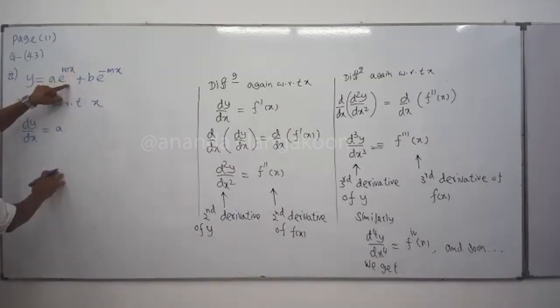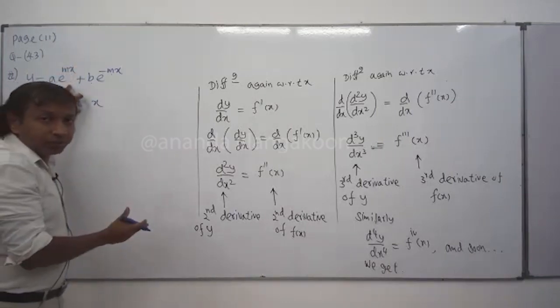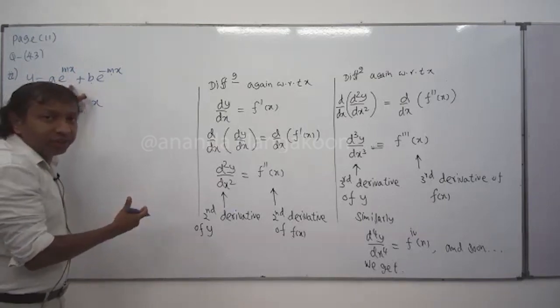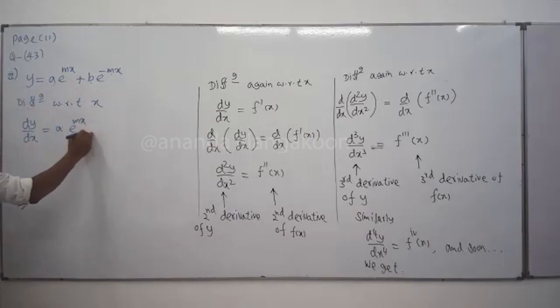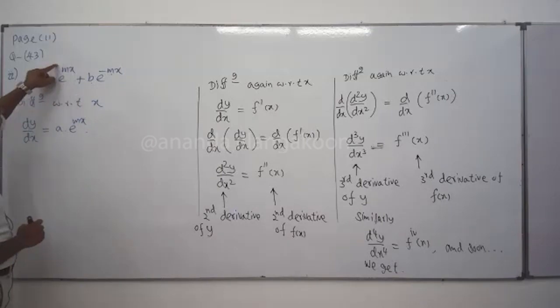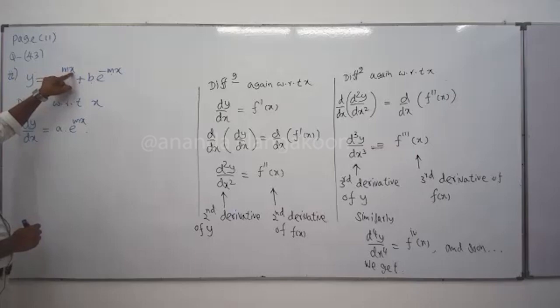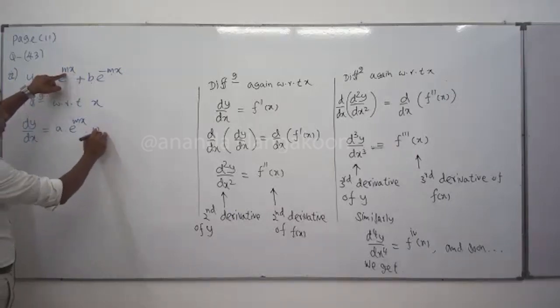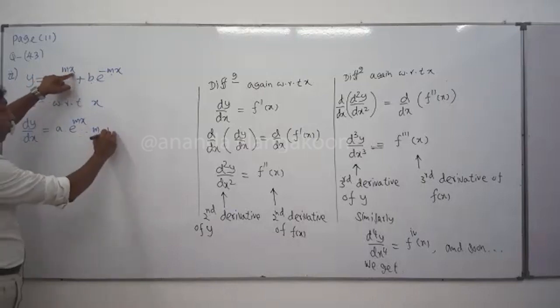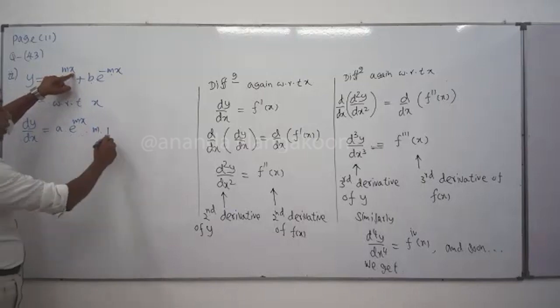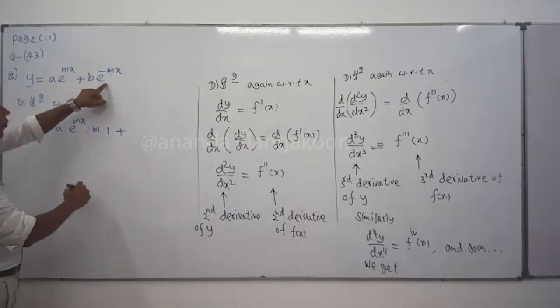Thereafter, we should multiply by the derivative of mx. While m is a constant, how to differentiate mx, people? m is a constant, keep that m the same, and multiply that by the derivative of x, it is 1.